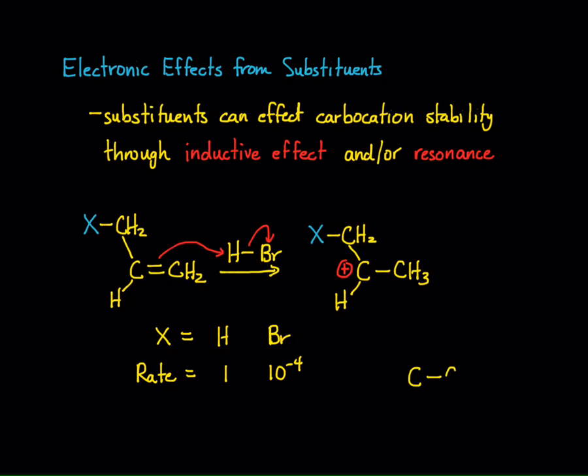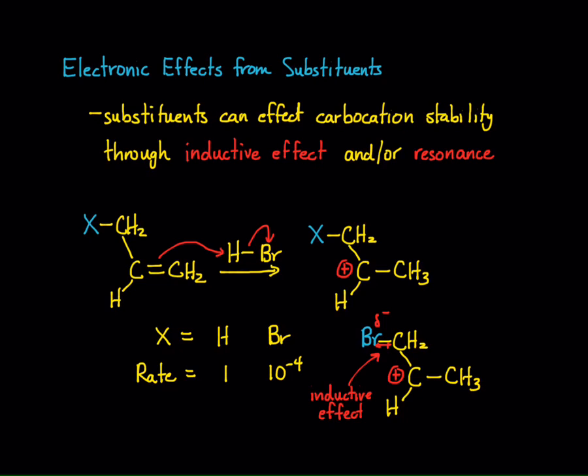Why? Well, if I look at that structure where X is bromine, and I think about the intermediate carbocation, I know that bromine withdraws electron density away from that allylic carbon, right? Through inductive effect, it's withdrawing electron density.